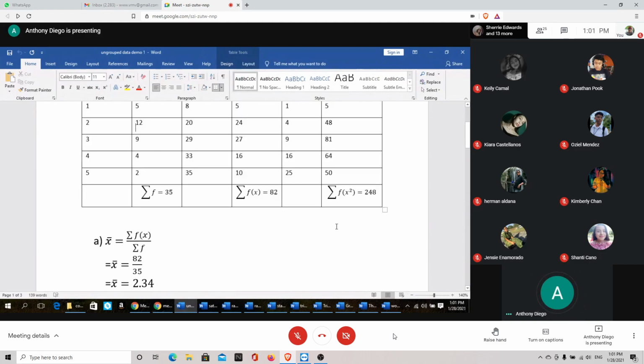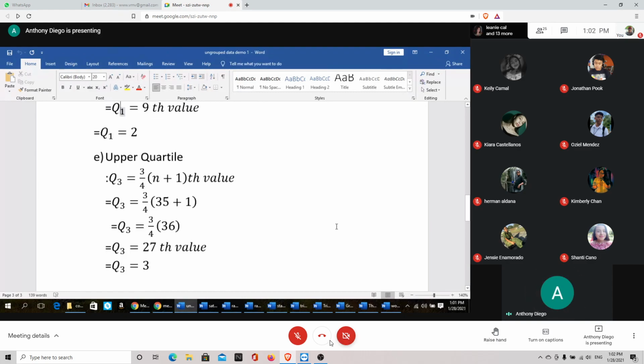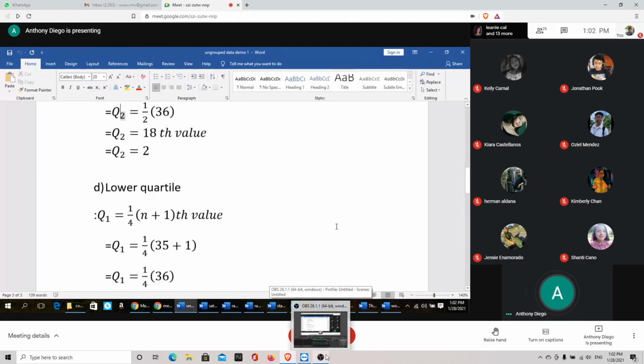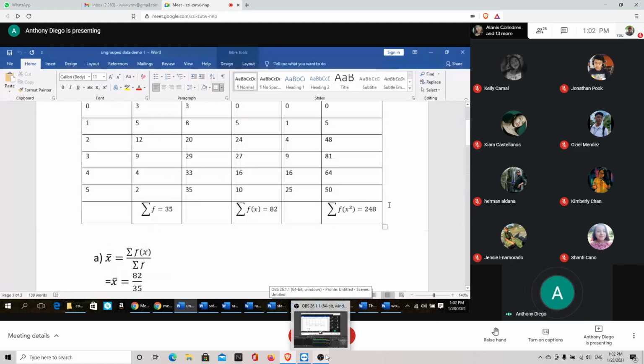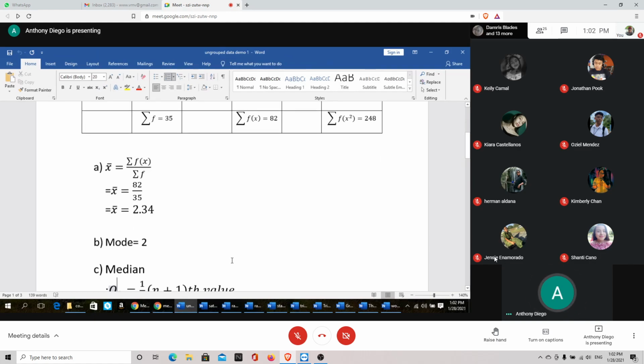No, yeah, 248. This one, I was thinking about the other one. So that will be 248. You see, the 248 is this one here. Summation of f of x squared over the summation of f, which is 35, and then the mean is 2.34.